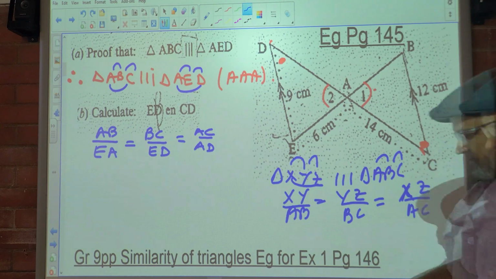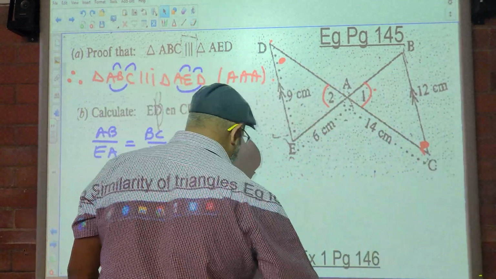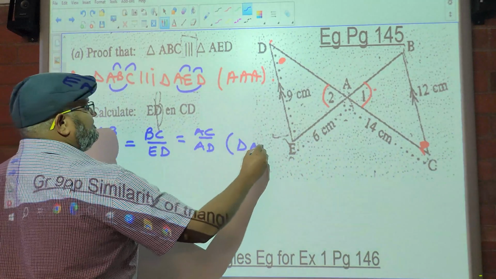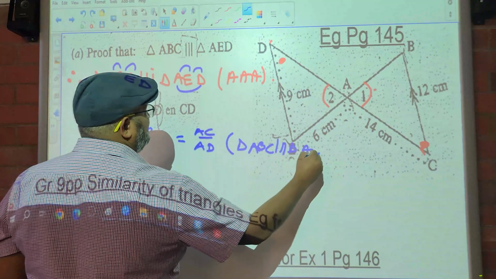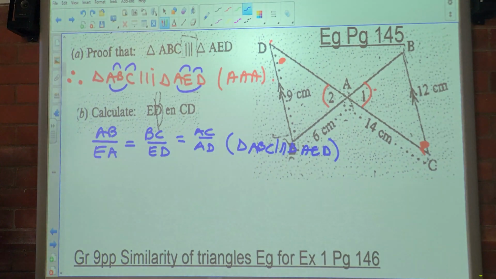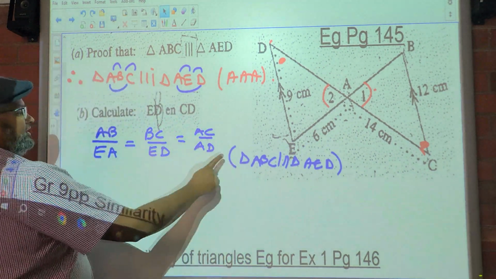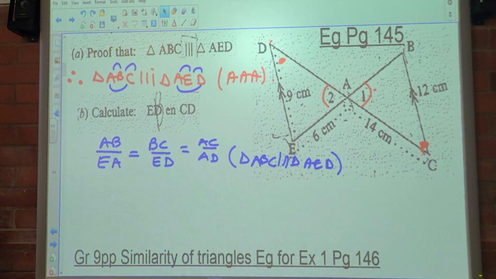So the reason for this is that triangle ABC is similar to triangle AED. That's your reason there. Because we proved similarity, therefore we can conclude this to be true. You all agree with that?